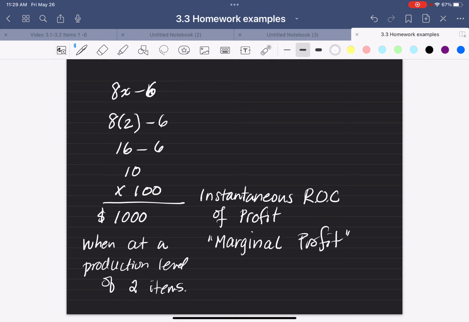So that means we're going to make $1,000 on the next item because it's changing by $1,000, or $1,000 more, I should say, because it's going up by 1,000.